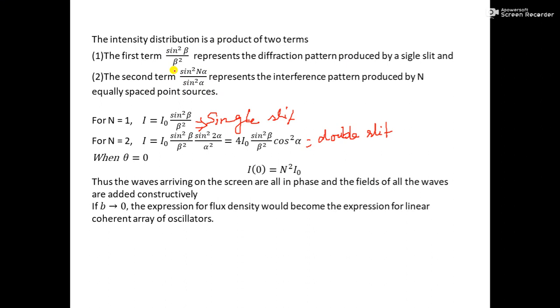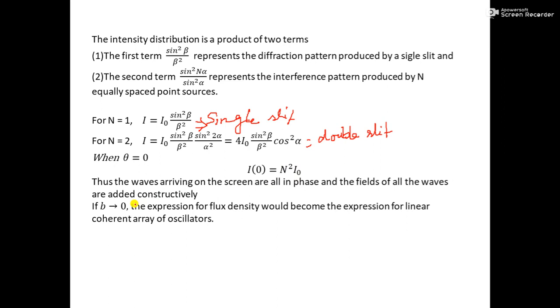Now when theta is equal to 0, let us write I of 0 is equal to n square I naught. That is, the waves arriving at P on the screen are all in phase, and the fields of all the waves are added constructively.